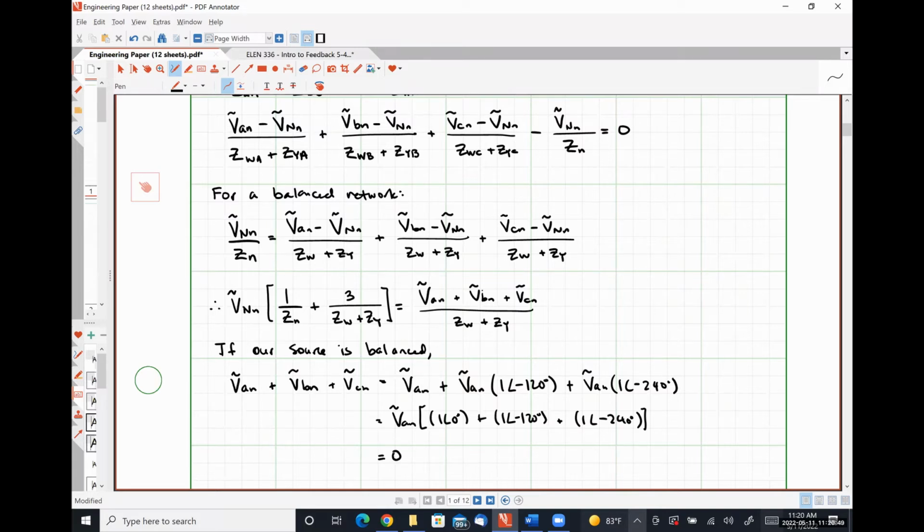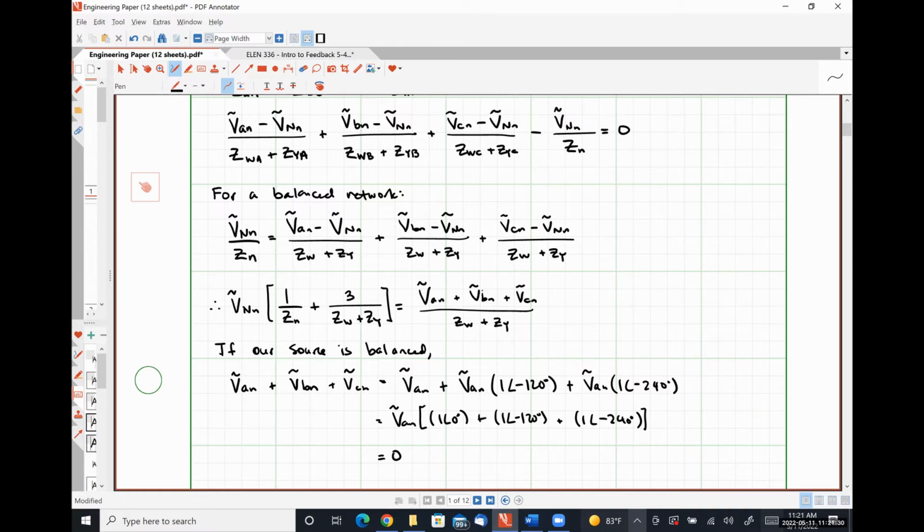Okay, so if the sum VAN plus VBN plus VCN for a balanced system is 0, what does that tell us about the voltage drop across the neutral conductor? It has to be 0, right? Because if we have 0 on the right-hand side equal to some unknown quantity multiplied by a coefficient that is not 0, then that means our unknown quantity has to be 0.